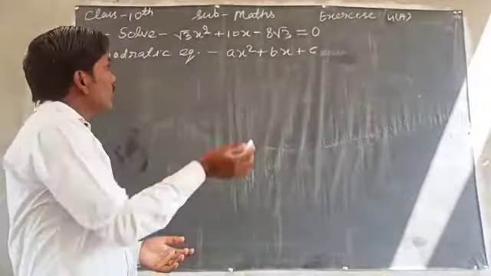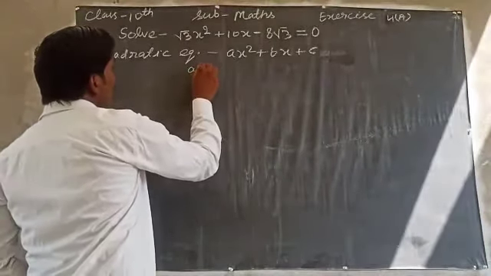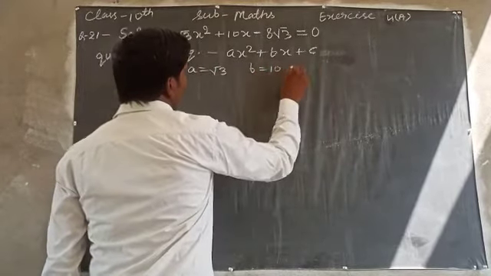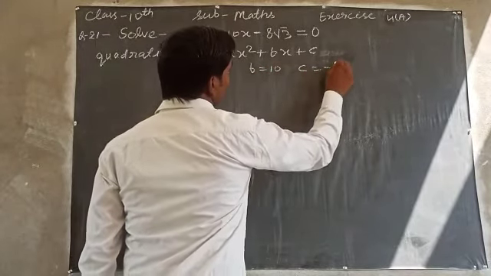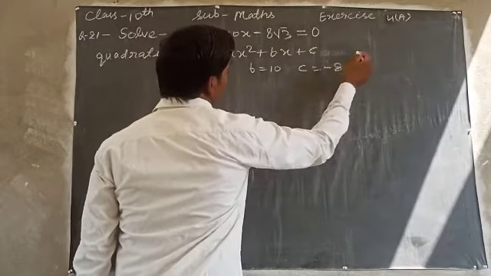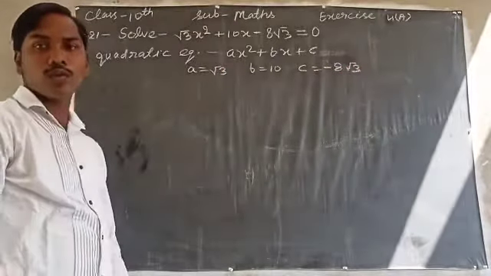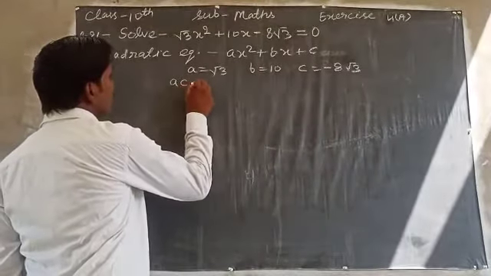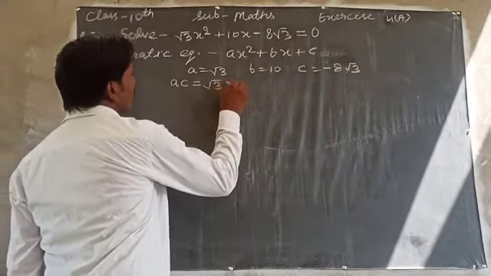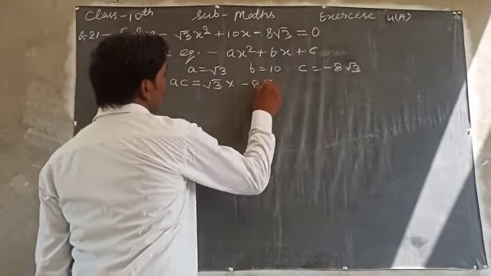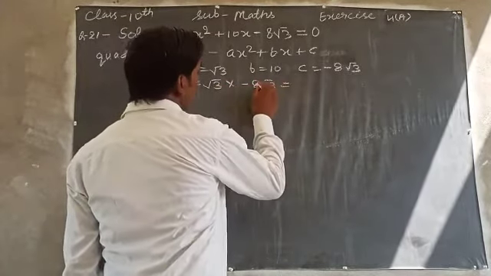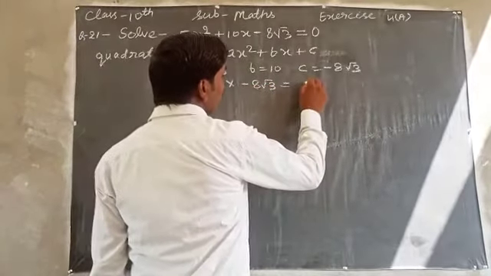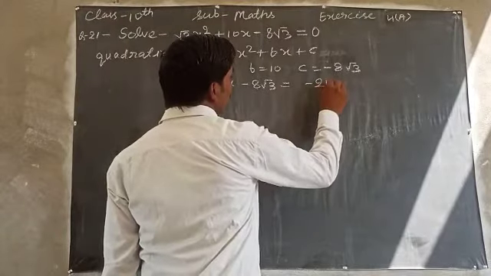So by comparison, we get here a is equal to root 3, b is equal to 10 and c is equal to minus 8 root 3. So here we get AC, means root 3 into minus 8 root 3. It will be root 3 times root 3 is 3, and 8 3s are 24. So minus 24.